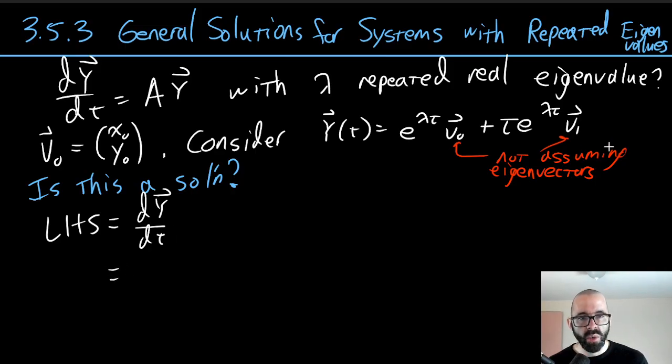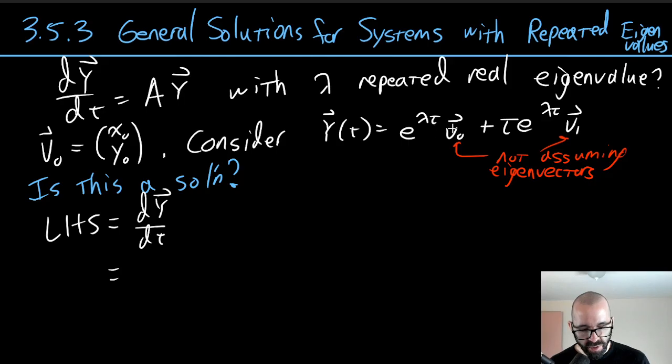What is the derivative of y with respect to t? Now remember, these are constant vectors. This is our initial condition, and this is some other constant vector. So the derivative of this with respect to t, there's only a few t's in here, right? These are the only things that depend on t. Oh, we're going to have a product rule. Oh, okay.